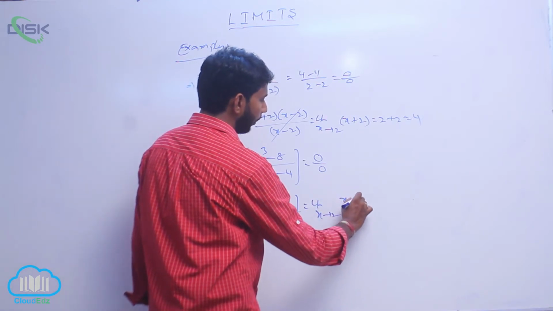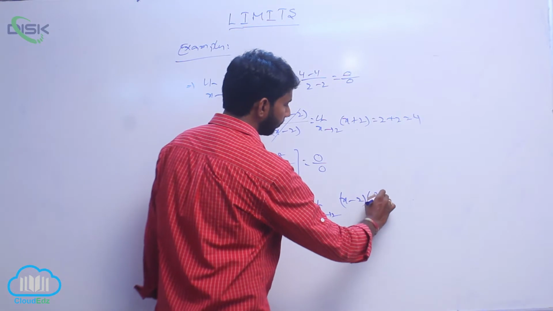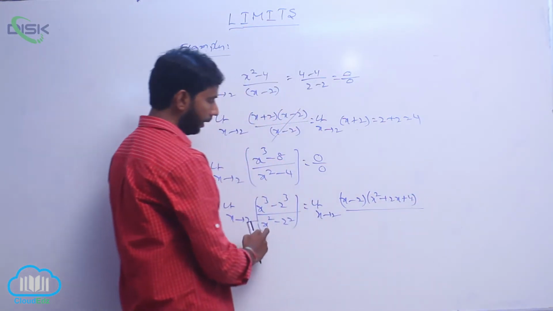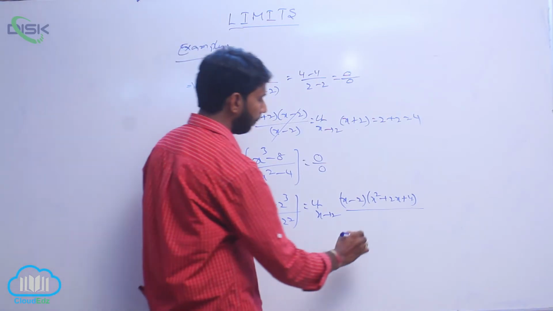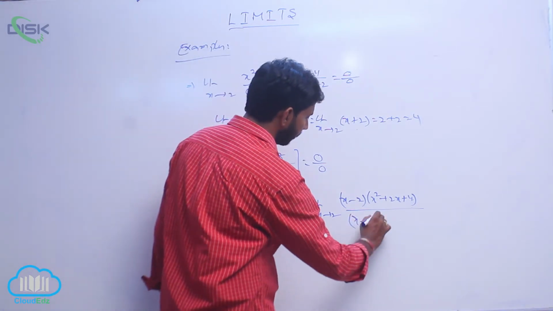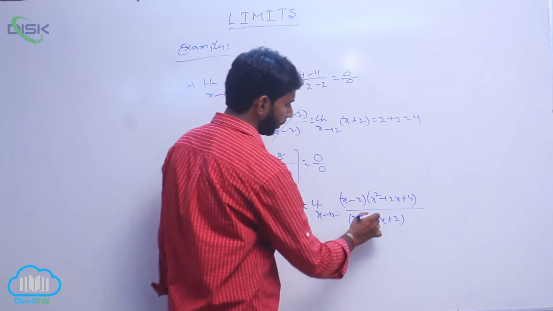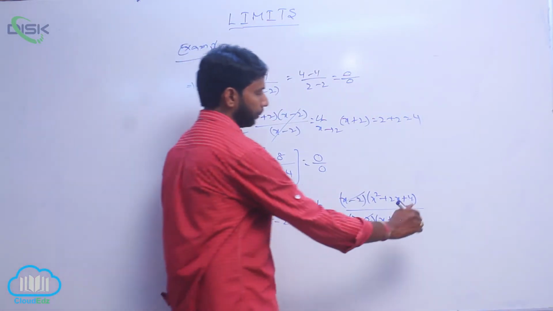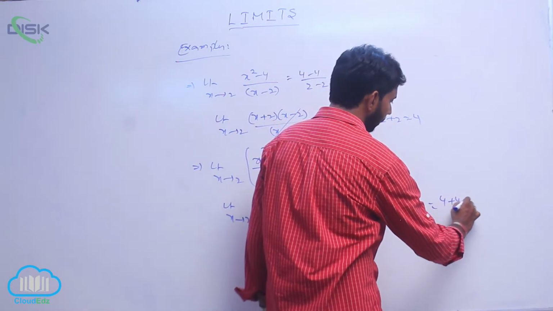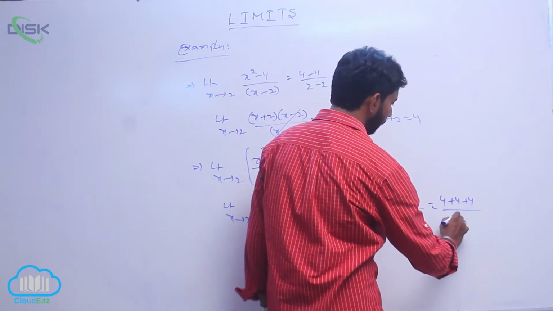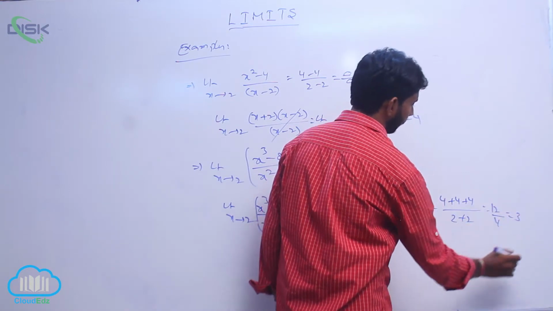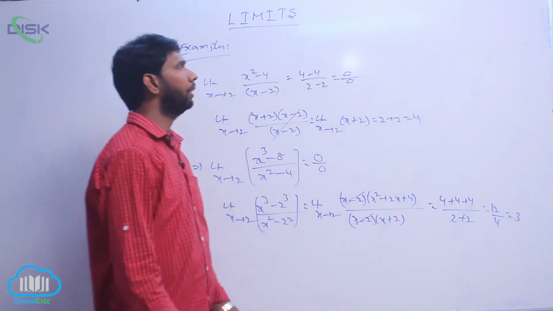A cube minus b cube factors are a minus b into a square plus ab plus b square, by the denominator a square minus b square, factors a plus b of a minus b. That is x minus 2 of x plus 2. Here x minus 2 cancels. Substitute x equal to 2: that is 4 plus 4 plus 4 by the denominator 2 plus 2, that is 12 by 4, which is equal to 3.